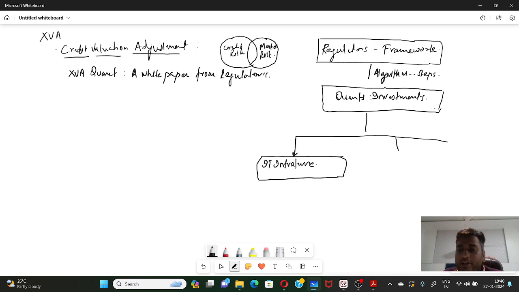Then you have, what can I call, it could be upgrades to their existing quant libraries. So here you have quant libraries, right? The IT infrastructure is purely related to data and information, while this is related to programming, architecture, and building of your system, right?